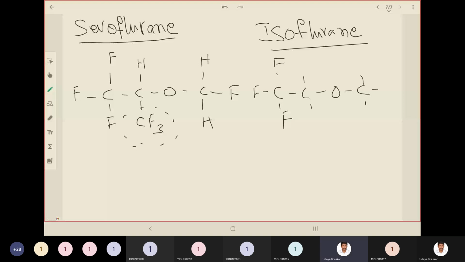The second carbon has one hydrogen and one chlorine instead of CF3. The third carbon has two fluorines and one hydrogen. So please compare with isoflurane. Here chlorine instead of CF3, and here an extra fluorine instead of one hydrogen. These are the differences between sevoflurane and isoflurane.